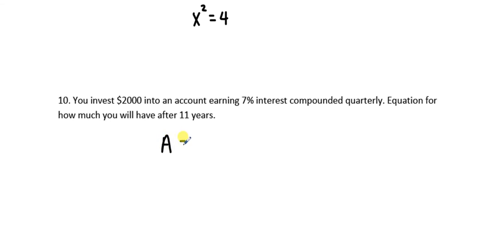The amount you'll have after 11 years is your starting amount, which is $2,000. On the formula sheet, we call that P, principal. And then it's 1 plus the interest rate, which is 0.07, divided by n, which is how often it's compounded. So it's compounded quarterly, so that's 4.